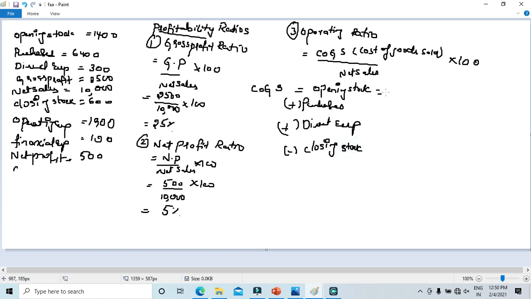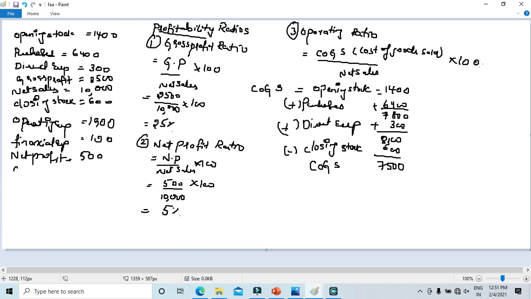Opening stock has been given in the question as 1400, purchases plus 6400, it will come to 7800. Then plus direct expenses, he has given you 300, so it will come to 8100, minus closing stock, which is given as 600. So the COGS will be 7500.